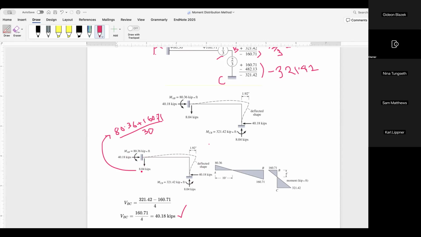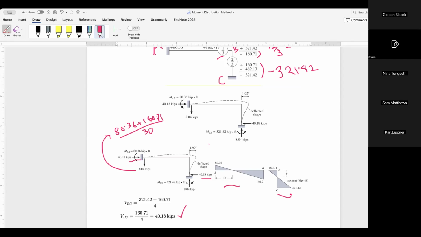Here if it's 8.04 downward, then here it will be upward, obviously, because summation of Fy equals 0, so we don't need to compute again. We just compute 40.18. If it's in the x direction in that way, in the opposite x direction there will be 40.18 for support A. So you have all the forces, you have all the moments now, then you can draw the moment diagram.